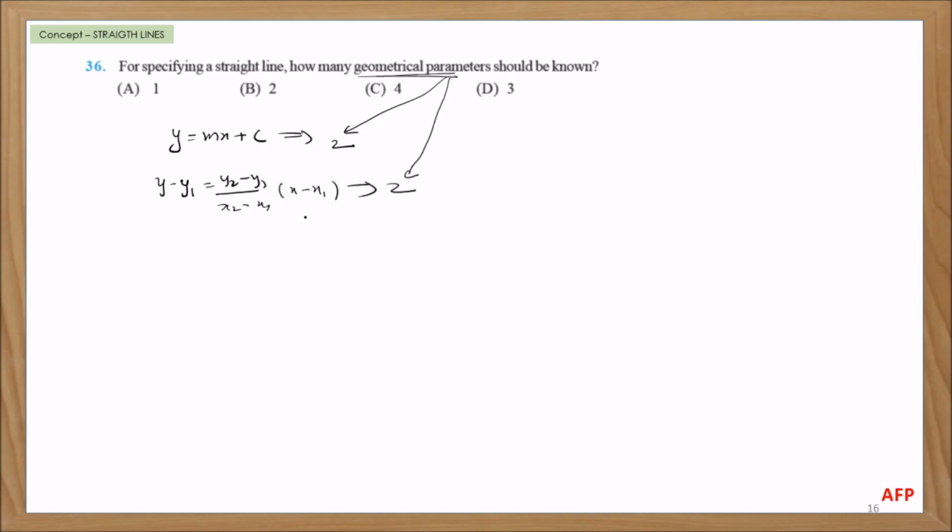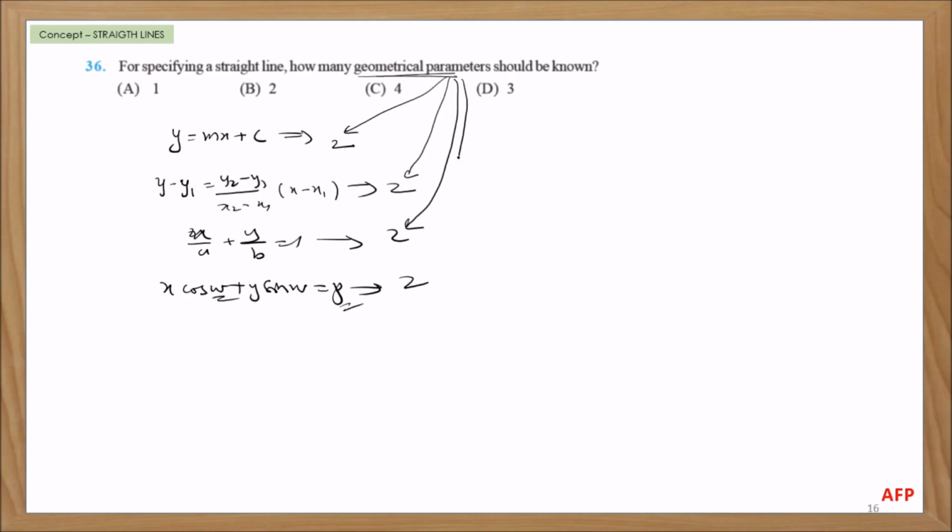Next, x by a plus y by b is equal to 1. So here also x-intercept, y-intercept, 2 parameters. x cos omega plus y sin omega is equal to p. Here also omega and p are parameters, 2 parameters. In all these cases, 2 parameters are there, specific geometrical parameters.